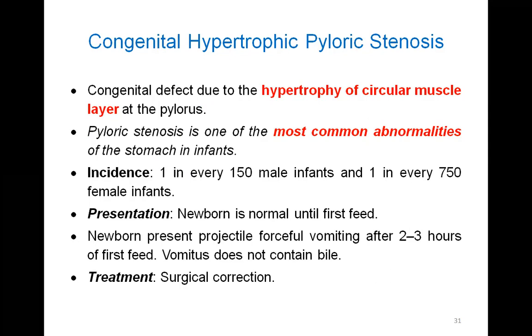It is more frequent in males than in females, and it presents just after the first feed, with forceful projectile vomiting 2 to 3 hours after the first feed. The vomitus is not bile stained. This biliary staining differentiates the vomiting of pyloric stenosis from that of duodenal stenosis. Treatment is only surgical correction.